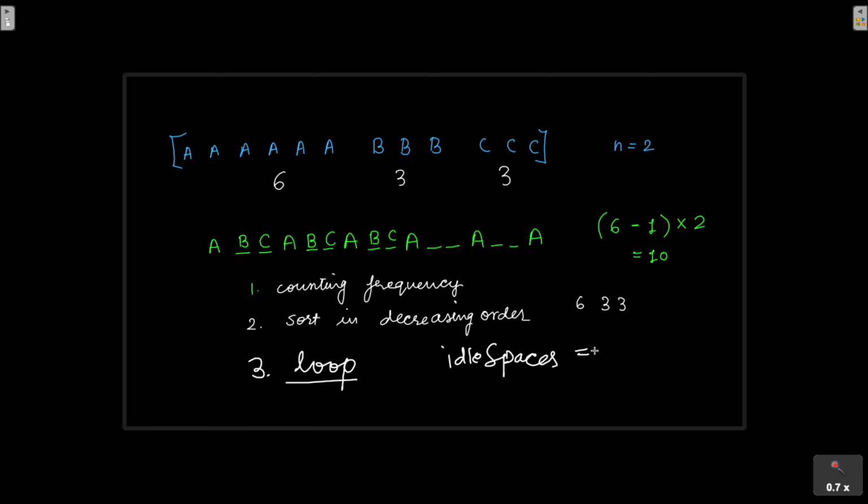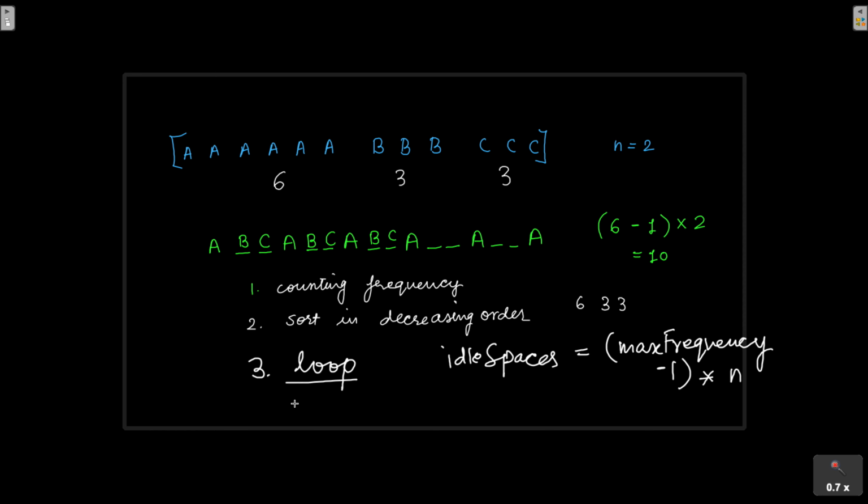The maximum frequency would be the first of these sorted numbers. So I'll call it max frequency minus 1, that I've already explained, and that will be multiplied by n. So now we have our idle spaces here.